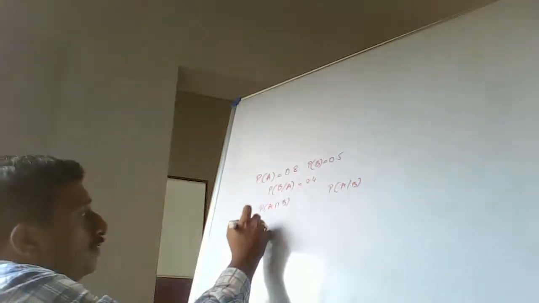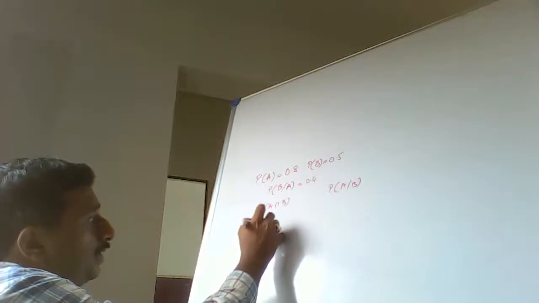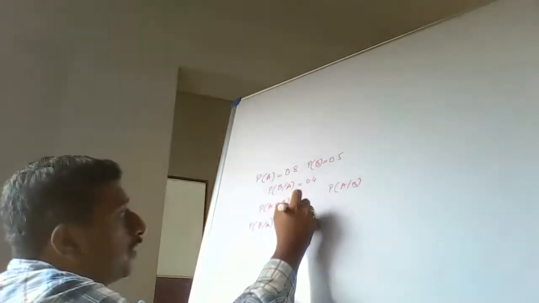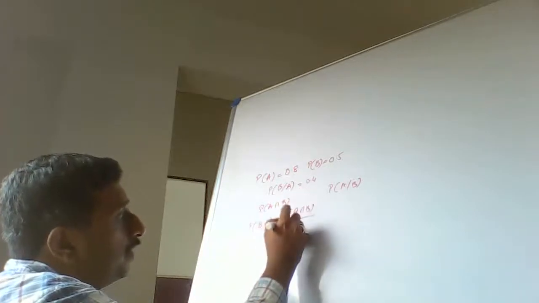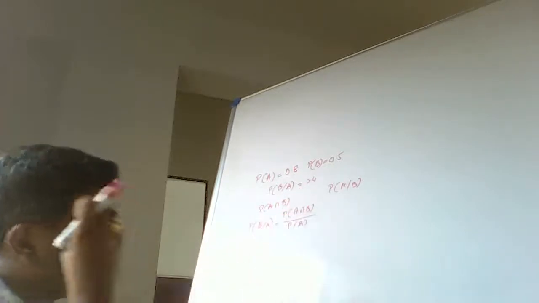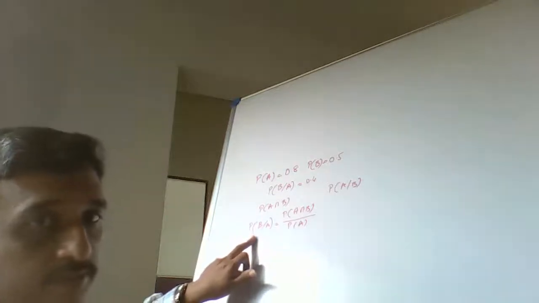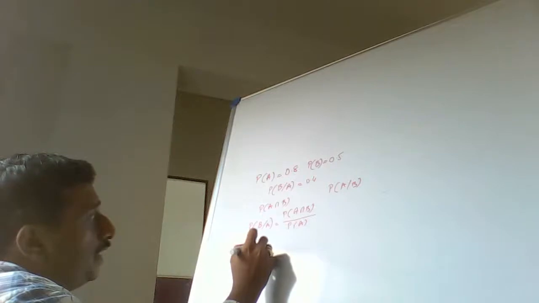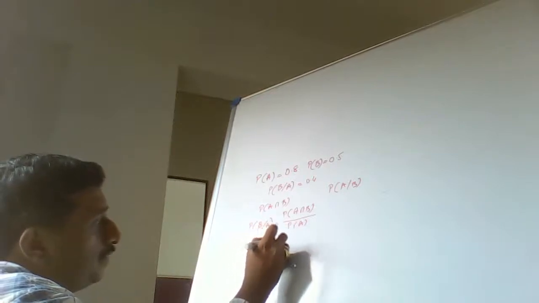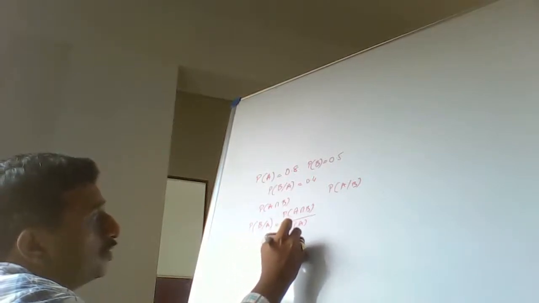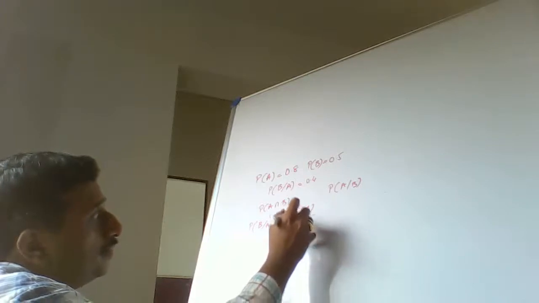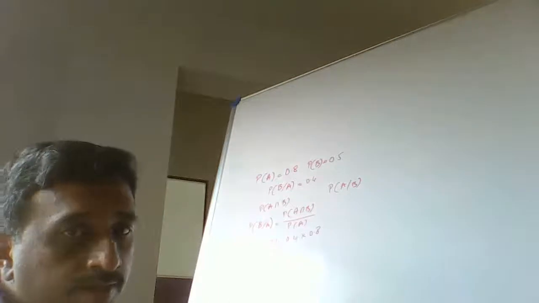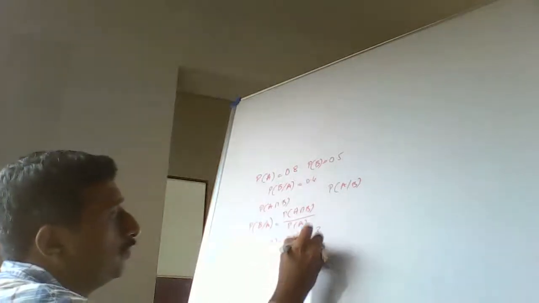P of B given A is P of A intersection B divided by P of A. We have this result, so you take this to the other side. So P of A intersection B will be 0.4 times P of A, which is 0.8. So this results to 0.32.